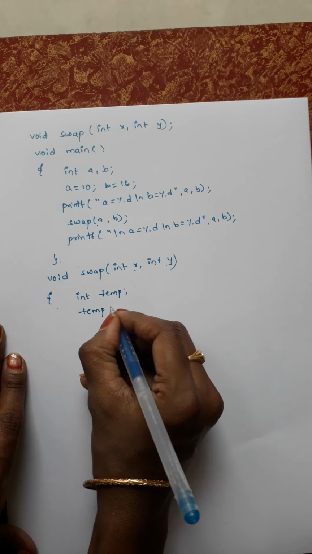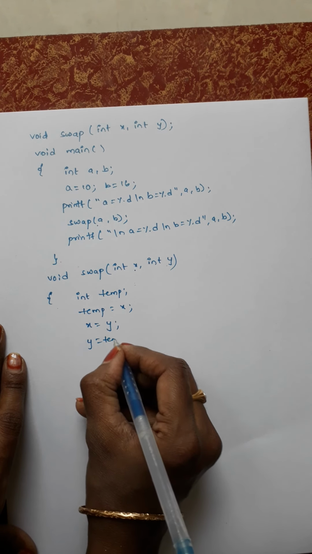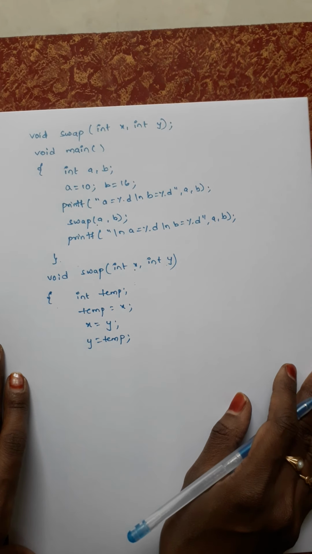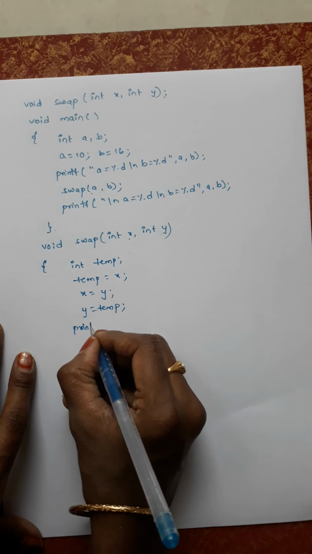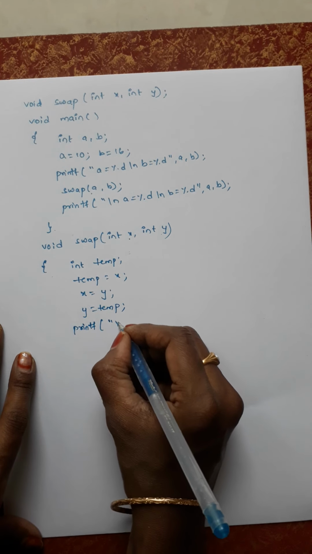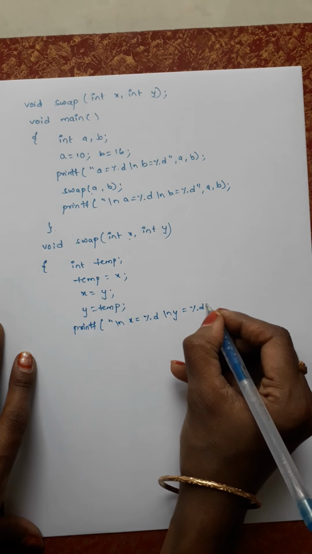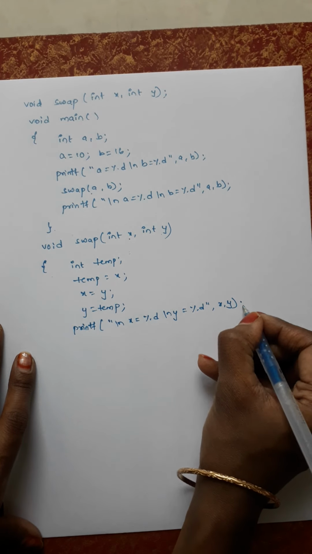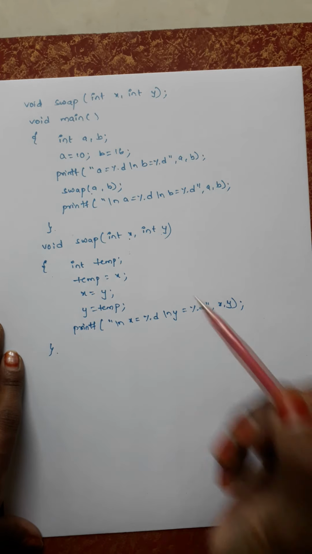Temp equals x, x equals y, y equals temp. To swap two values, you need a third variable. By using the temporary variable, we swap two values. Now print the values of x and y: x equals %ld, y equals %ld, x comma y.